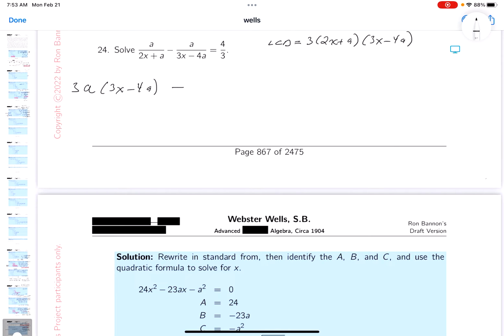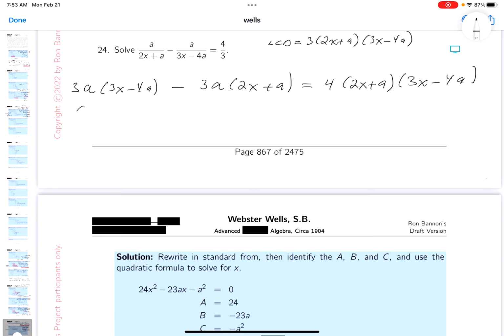We'll do that later. Minus 3a, 2x plus a, 4, 2x plus a, 3x minus 4a. Let's multiply it out and hope something happens that it looks reasonable to us.